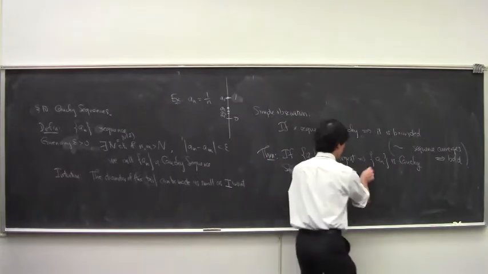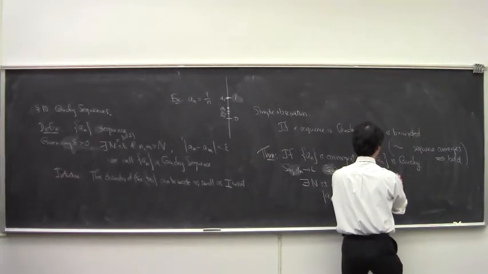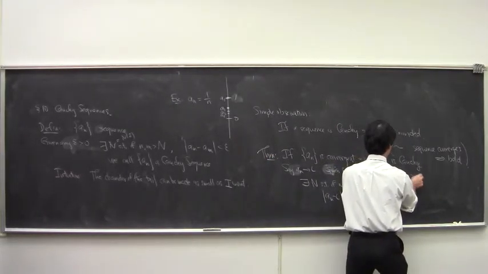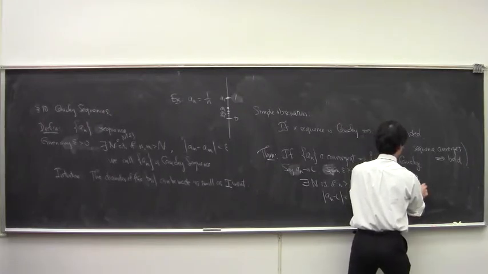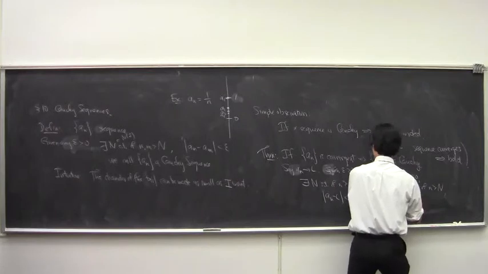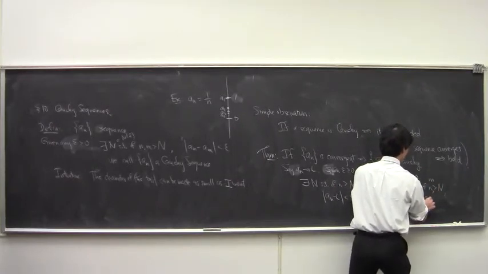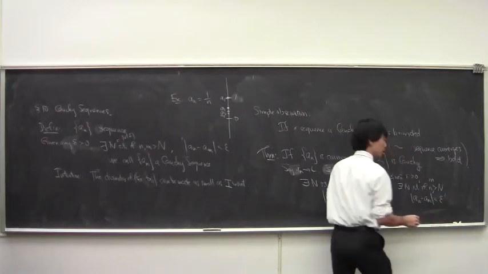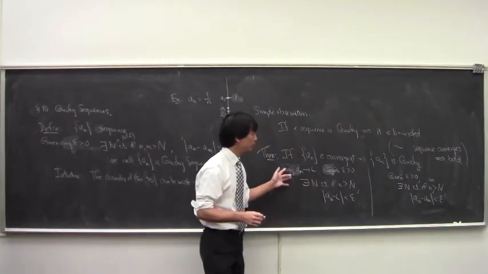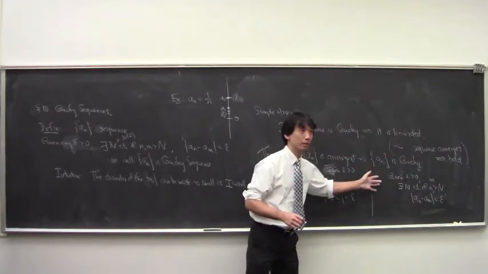Cauchy means that given epsilon, there exists a time N such that if n and m are bigger than N, then the distance between those two is smaller than epsilon. Why does this one ensure that one?